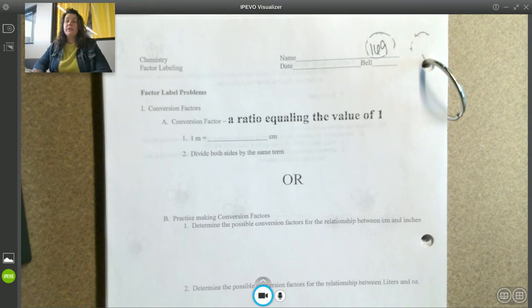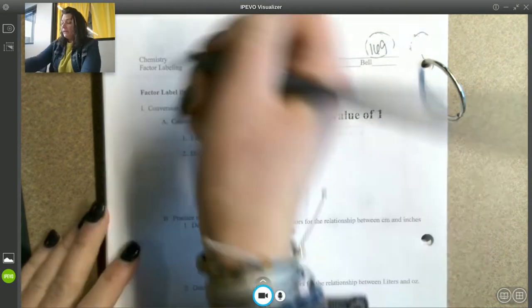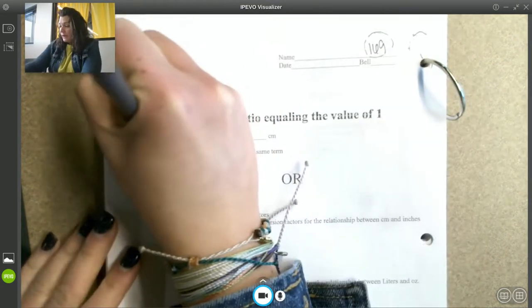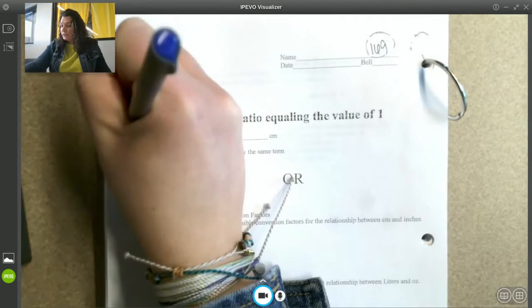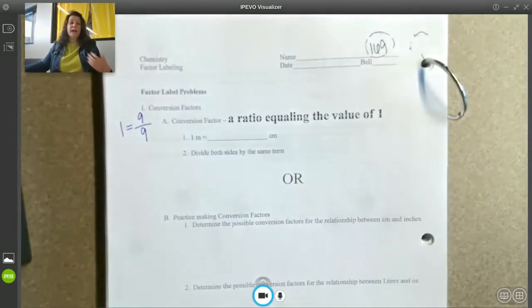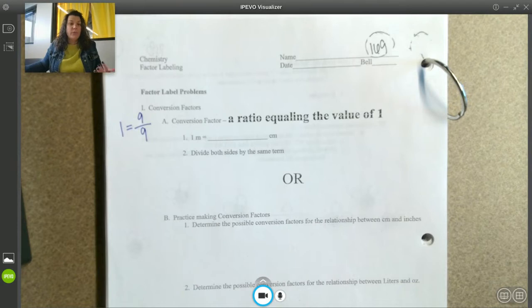So for example, if I was to write 9 divided by 9, that is equal to 1. Anytime we create a conversion factor, what we're ultimately doing is creating a fraction equal to 1.